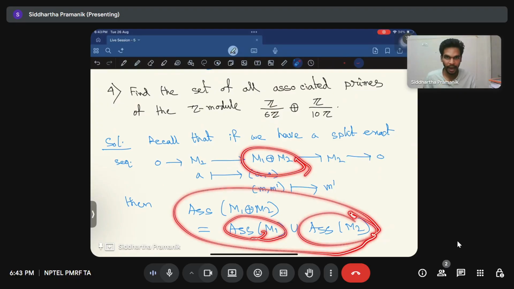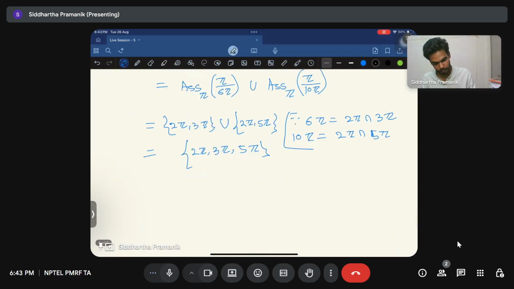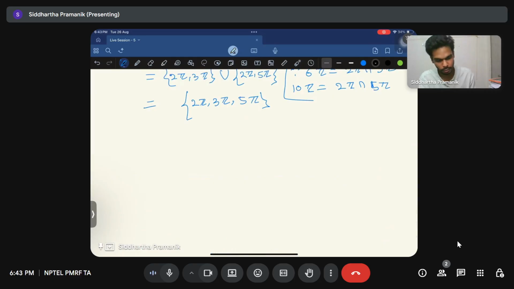Now instead of direct sum, if we take just the usual sum, then what happens? Can we get equality in that case? This is question number 5.